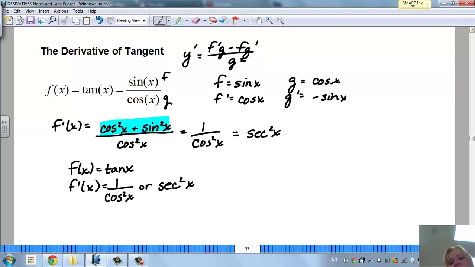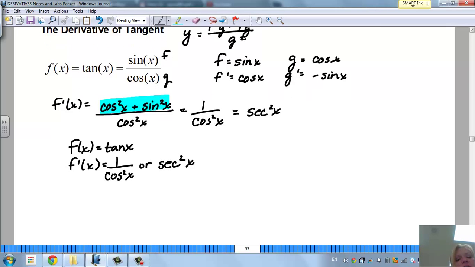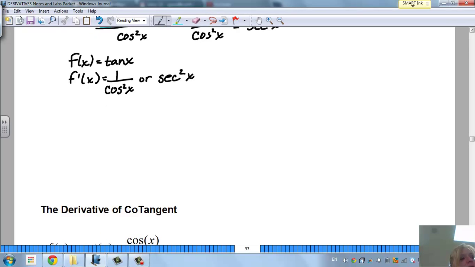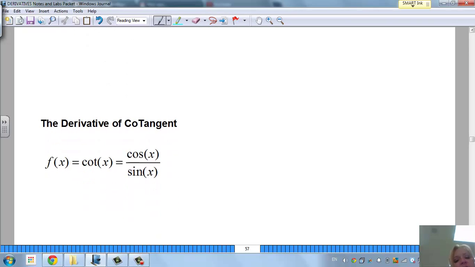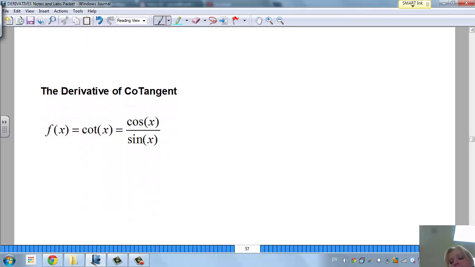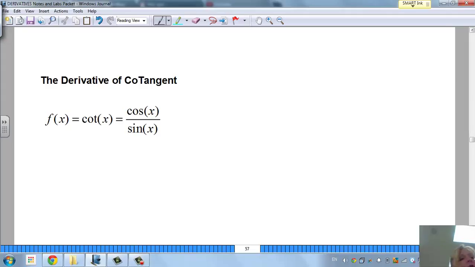And remember, trig functions yield trig derivatives. Okay? Now let's try cotangent. We're going to do the same thing and see if we can derive what the derivative of cotangent is. So here are our f and g again. We're going to do a quotient rule. So f is cosine x, f prime is negative sine x, g is sine x, g prime is going to be cosine x.